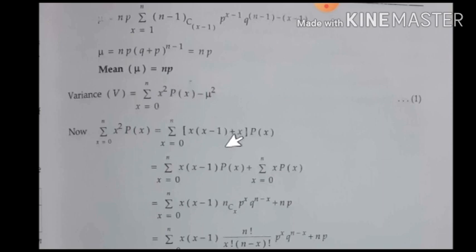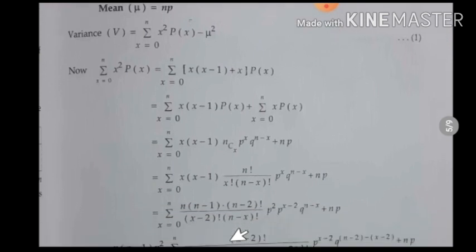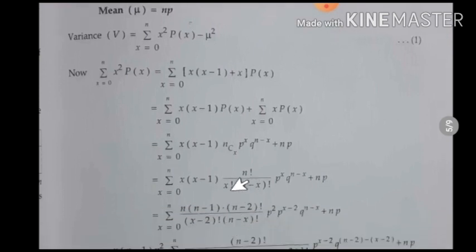When I substitute p of x as nCx, according to the formula I am going to get x factorial in the denominator. So x factorial I can write as x into x minus 1 factorial. Again x minus 1 I have to simplify it.